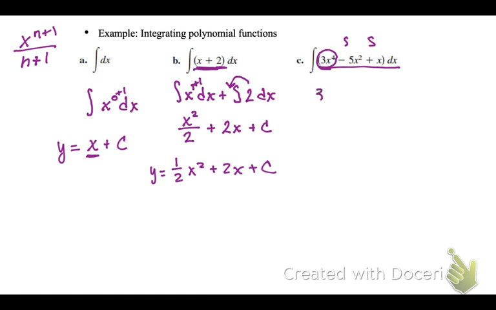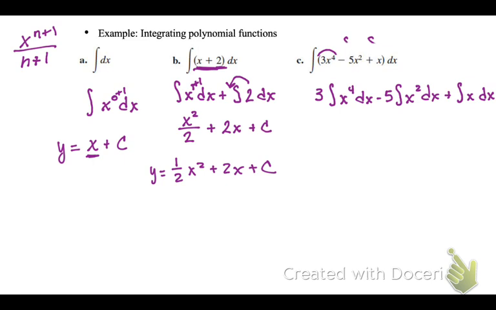So I have 3, the integral of x to the 4th dx, minus 5, the integral of x squared dx, plus the integral of x dx.